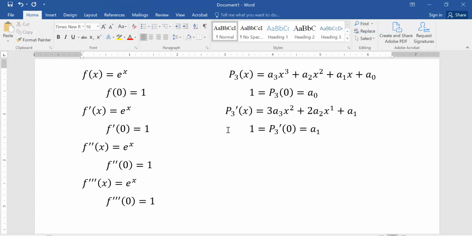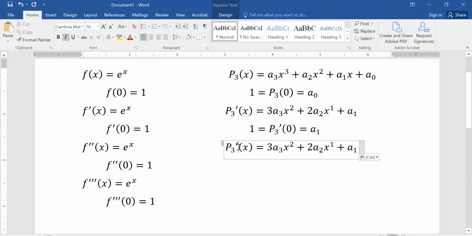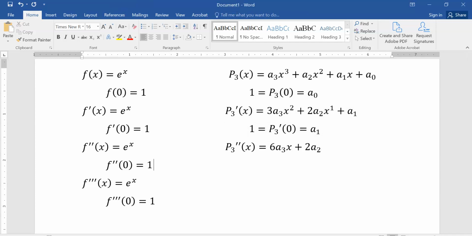All right? Now you can imagine what we're going to do beyond that. Let's take the second derivative. You're going to get 3 times 2, so you're going to get 6 out in front, x to the first, plus 2a2. When you take the derivative of 2a2 x to the first power, you just get 2a2. The derivative of a1 goes away. Plug in 0, like we've done before.